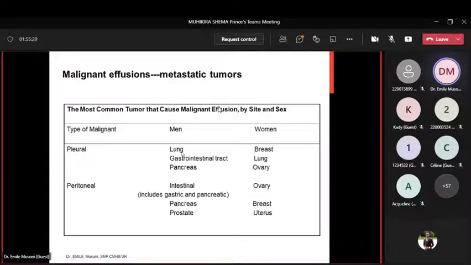In men, most of the time it is lung tumor, gastrointestinal tract, pancreas. You can find some ovary metastasis, lung and breast. The peritoneal fluid can show some ovary, intestinal tumor, pancreas, and others, even the uterus or the prostate.